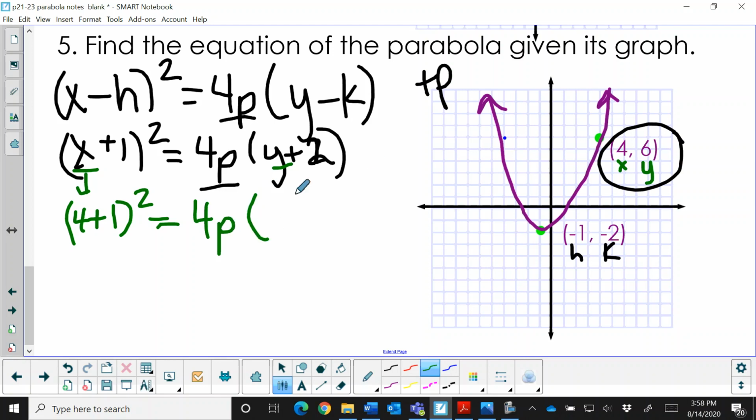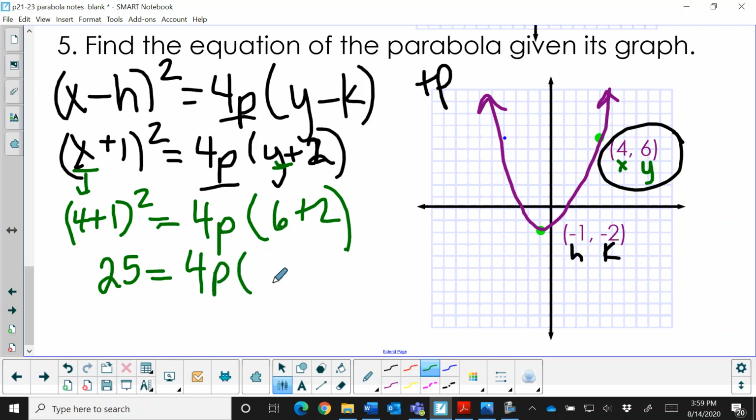The y value is 6, so plug in 6 plus 2. And let's simplify this. So this is going to give me 5 squared or 25. Bring down my 4p, and I have 6 plus 2 is 8.